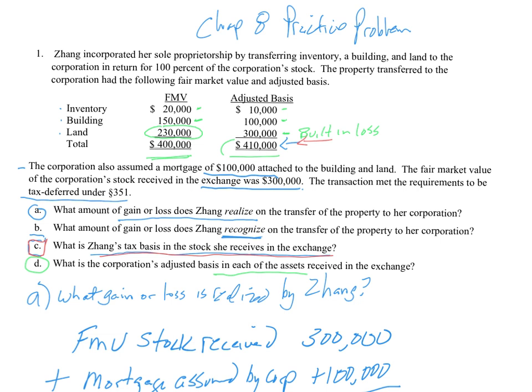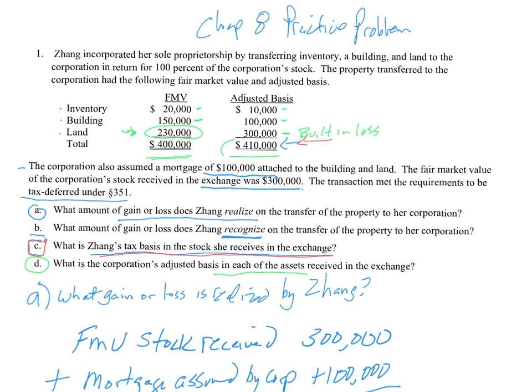Now, if each one of these assets had a built-in loss, then we would allocate that built-in loss ratably across the assets. But that is not the situation that we have. What we have here is the built-in loss can be clearly attributed to only the land.